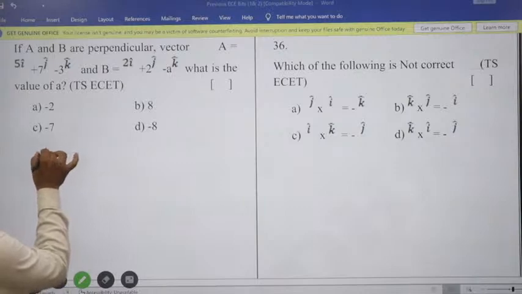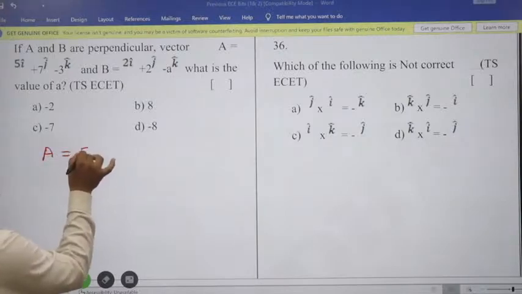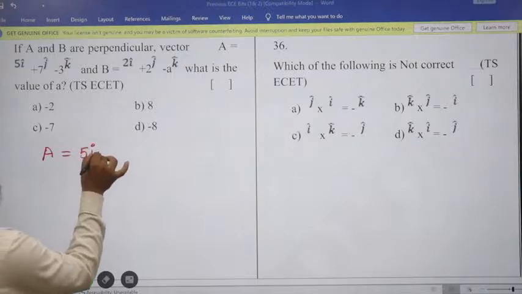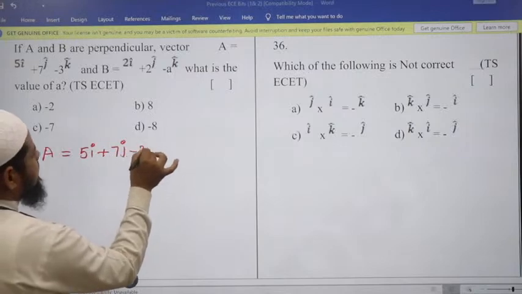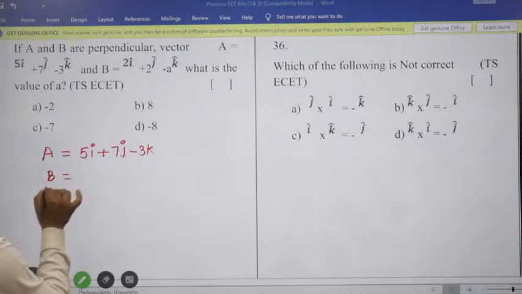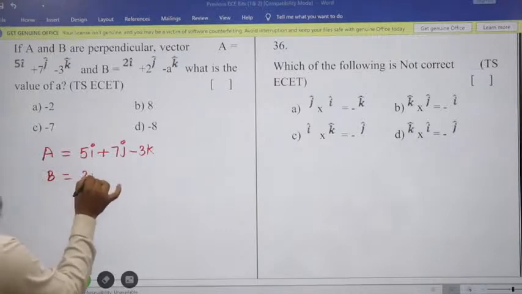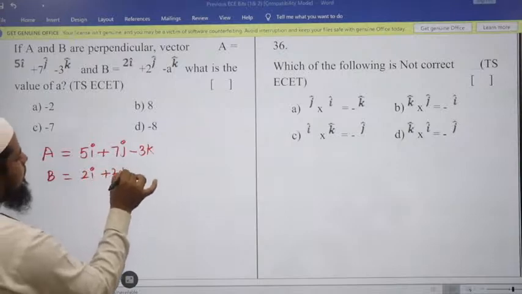Now given a bar is equal to 5i plus 7j minus 3k and b bar is equal to 2i plus 2j minus ak.